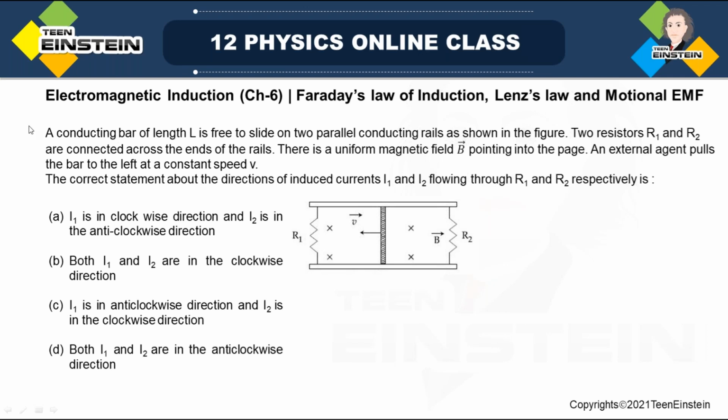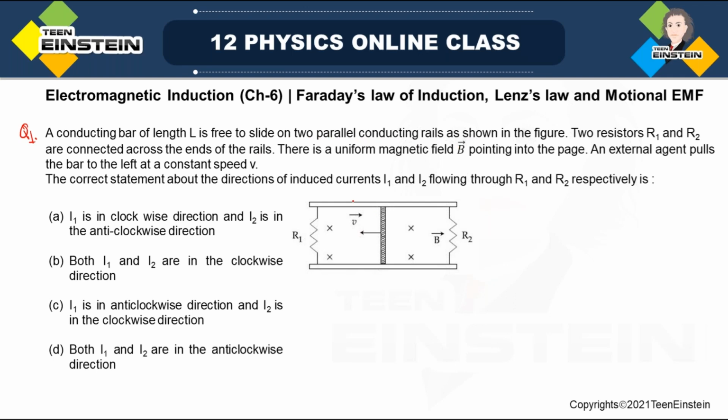So this is the first question which we are going to discuss. This question says that a conducting bar of length L is free to slide on two parallel conducting rails.